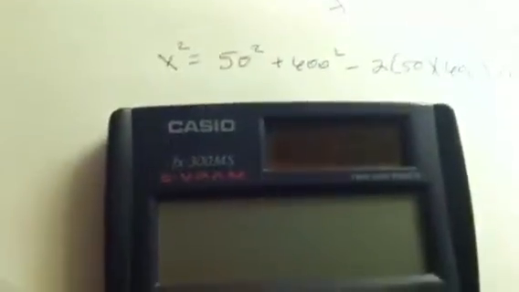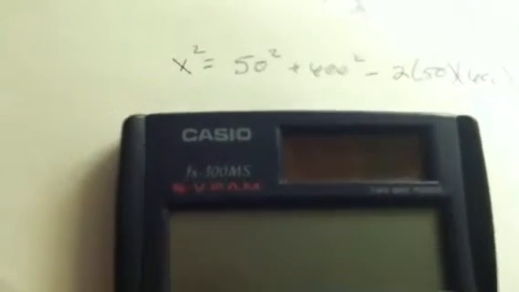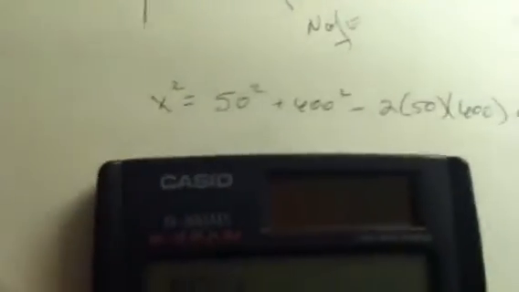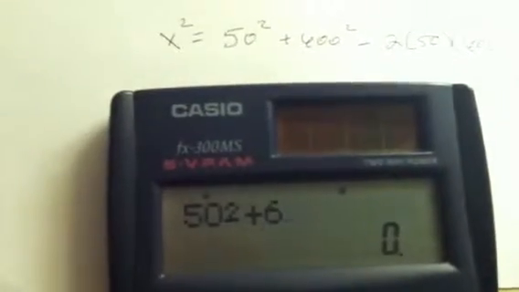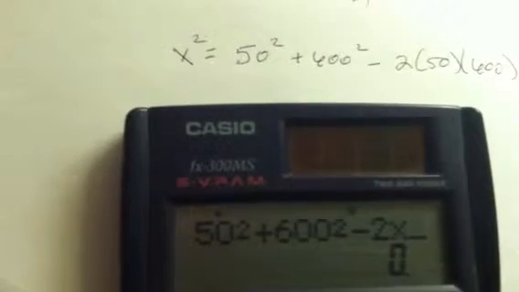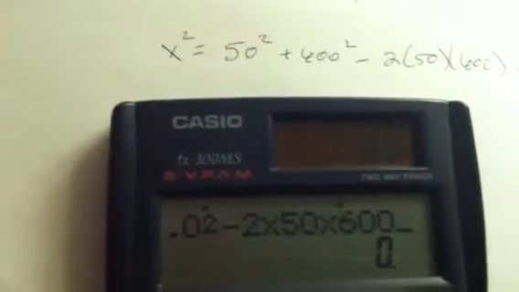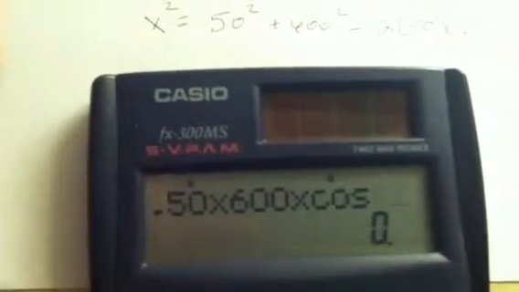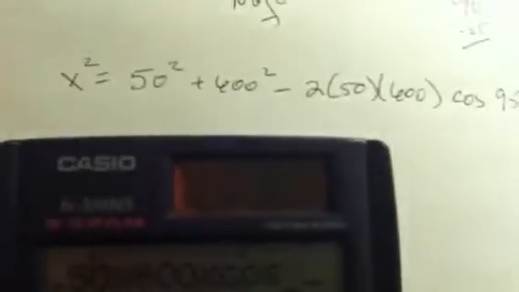We have 50 squared. Oops, let's turn it on. That would be helpful. We have 50 squared plus 600 squared minus 2 times 50 times 600 times the cosine of our angle, which was 95.